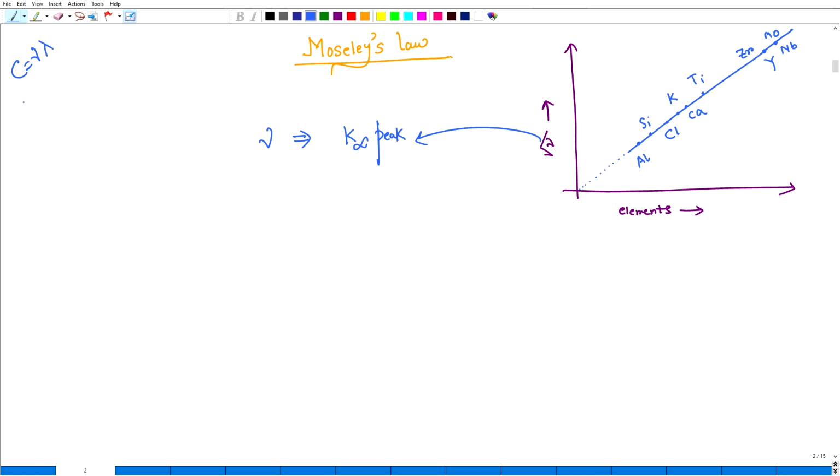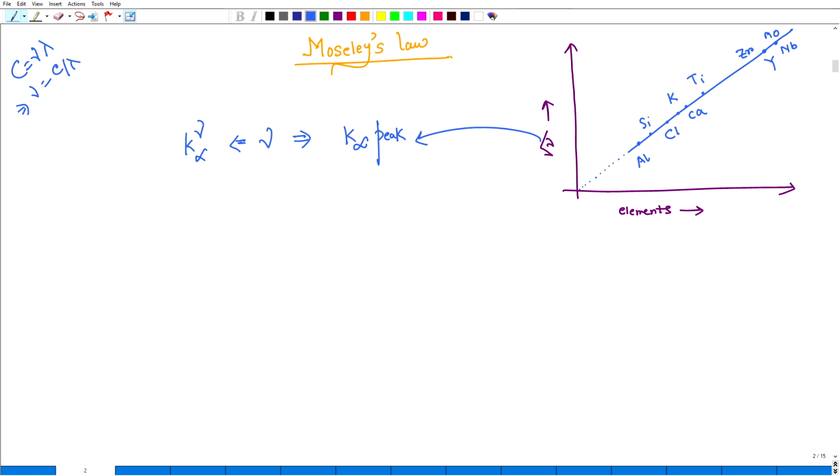If you divide c by the lambda of that k alpha peak, then you can obtain the nu, which we can write as k alpha nu more prominently. So this nu is actually k alpha nu, and Moseley has taken the root and he obtained this nature.